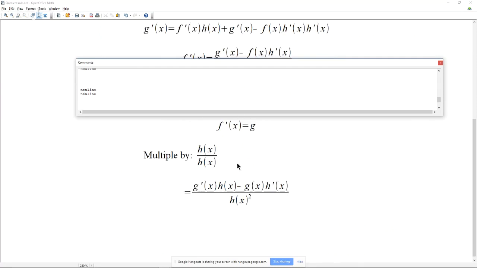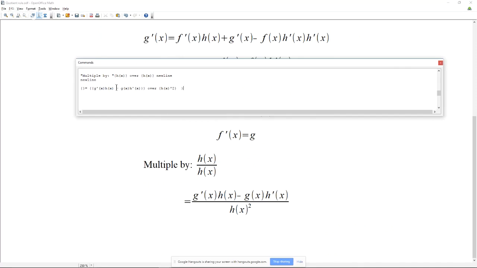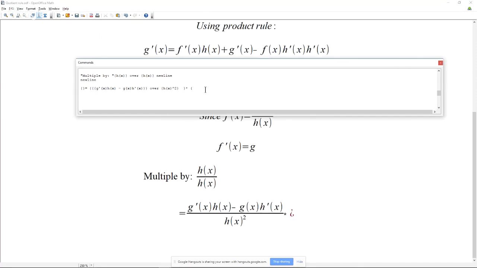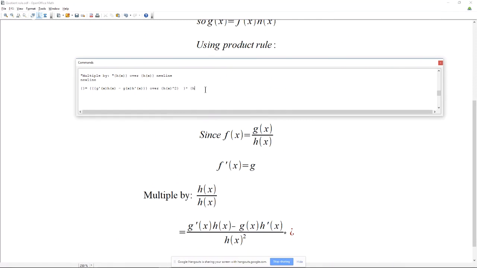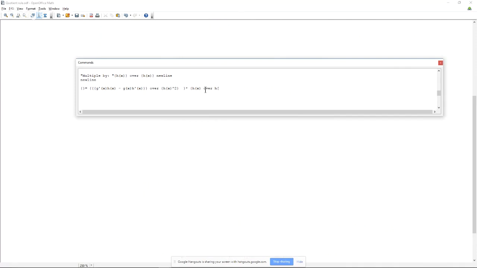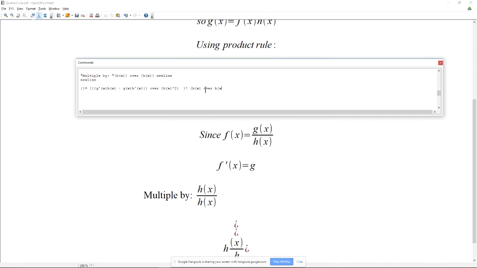Why did I not copy the whole thing? If I get rid of that, and I isolate that, that'll give me that times quantity h squared over, I don't want to show brackets, hx over h. I can't even type. Okay, but I want this to all be on top.